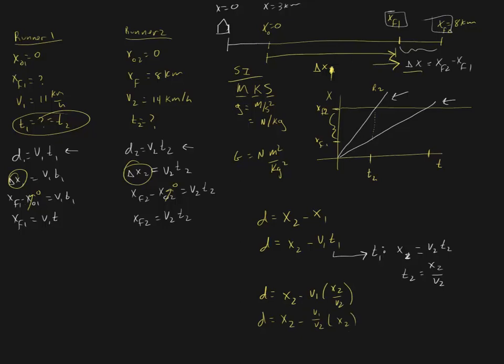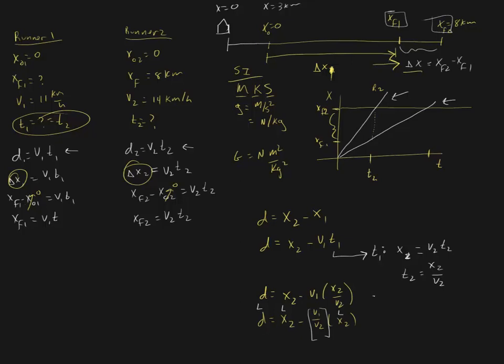Now, I did that for a reason, because I wanted you to see that in terms of a unit analysis, we have length units on the left side of our equation, and on the right side we have a unit of length for x2, and then a unit of length here, and when we look at the ratio of v1 and v2, there are no units.